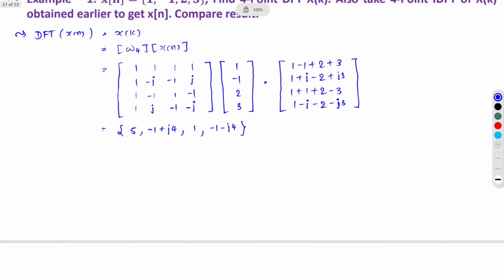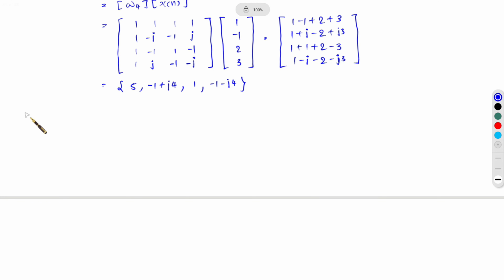Let me explain. When you want to calculate the IDFT, you will be calculating x of n, that is the IDFT of x of k. I'll explain how to solve this simply. So the basic equation is 1 by n and then the DFT of the conjugate of x of k.